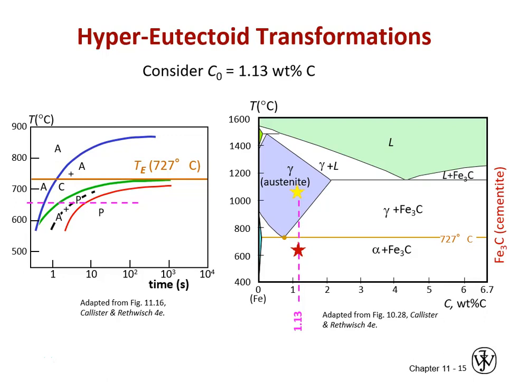Because remember, as we drop down in temperature, the first thing we're going to form is cementite in that gamma plus Fe3C two-phase region, and it isn't until we drop below eutectoid temperature that we would get the eutectoid cementite as part of our lamellar structure.